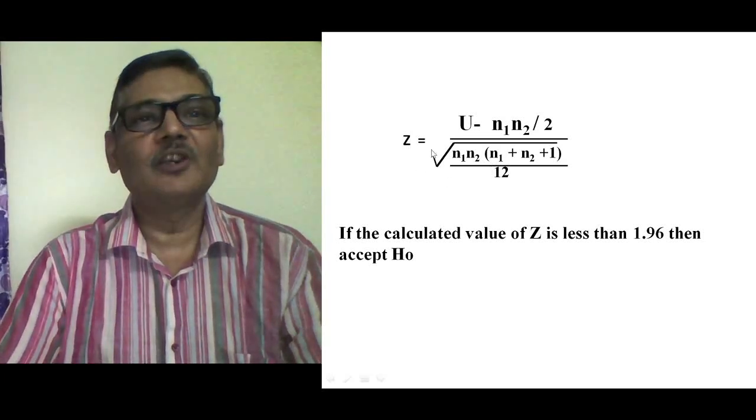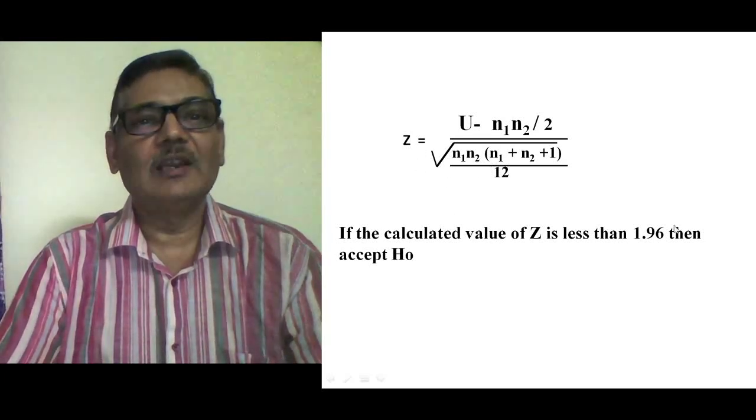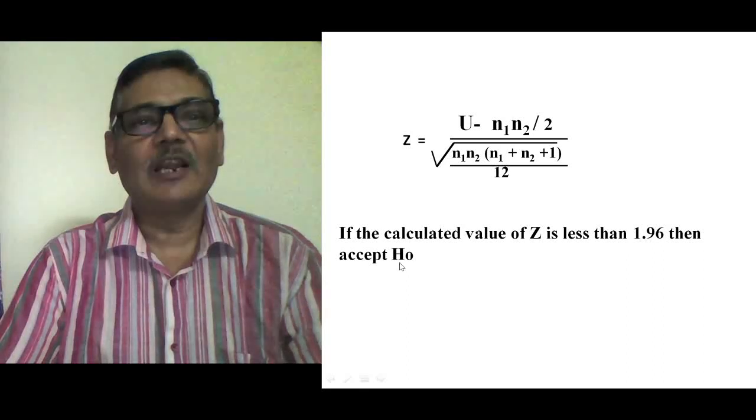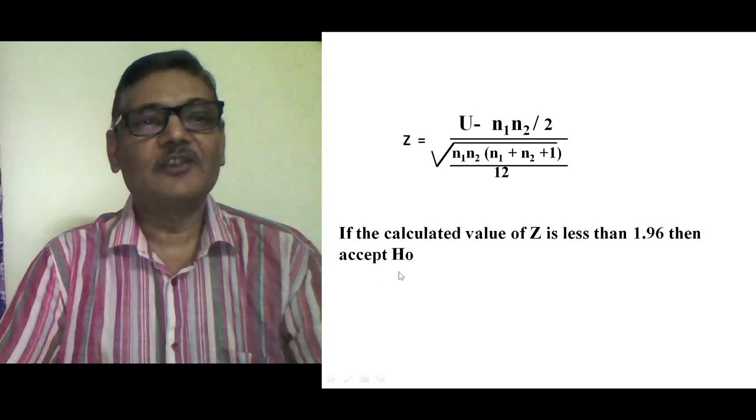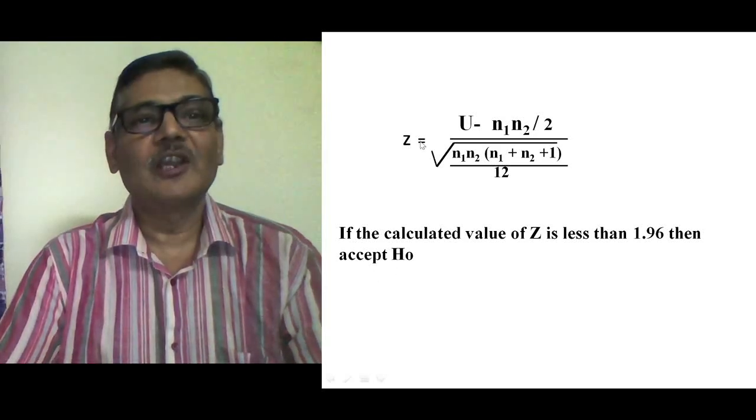If the calculated value of Z is less than 1.96, then you will accept the null hypothesis, and you will accept the alternate hypothesis if the calculated value of Z is more than 1.96.